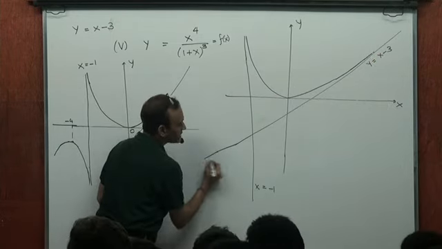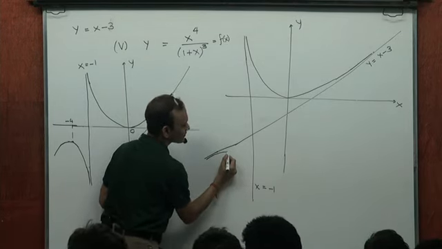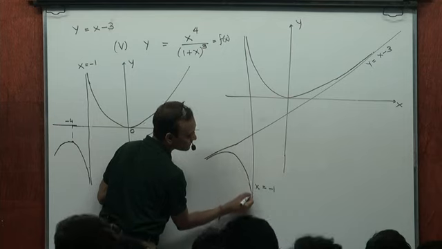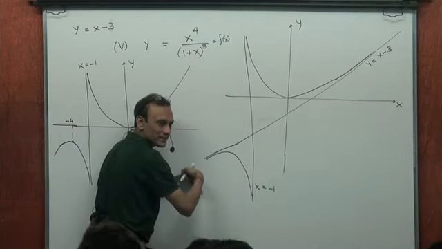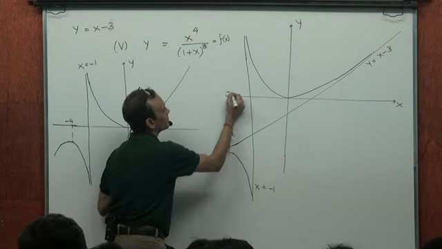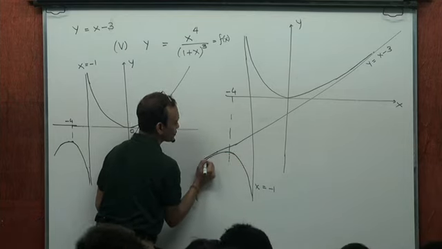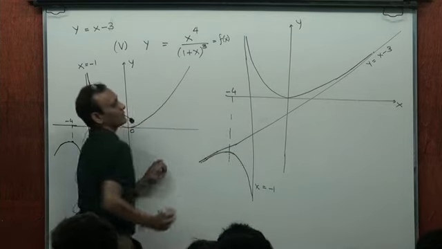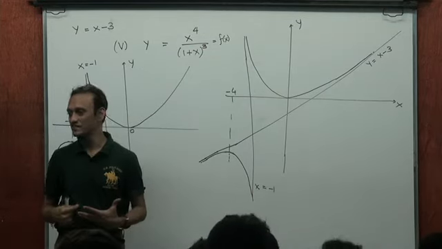And x equal to minus 4 must be somewhere here. Again, as x tends to minus infinity, y tends to x minus 3. So this must be x equal to minus 4, a local maxima. This is a refined look of the same curve.